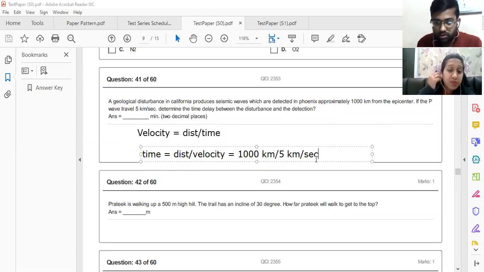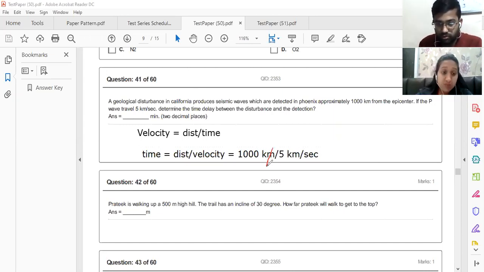Second in the denominator will automatically go to the numerator. Kilometer and kilometer get cancelled, so 1000 divided by 5, you will get your answer. How much? 200 seconds. You will get 200 seconds.